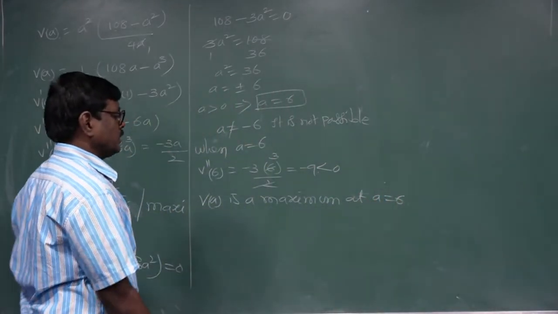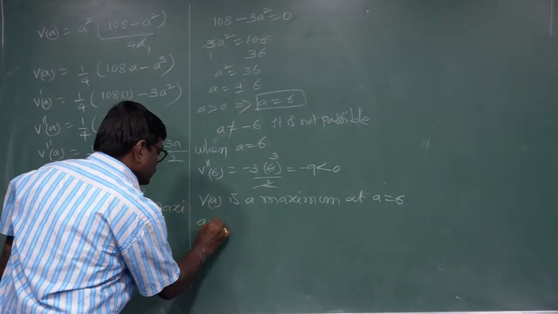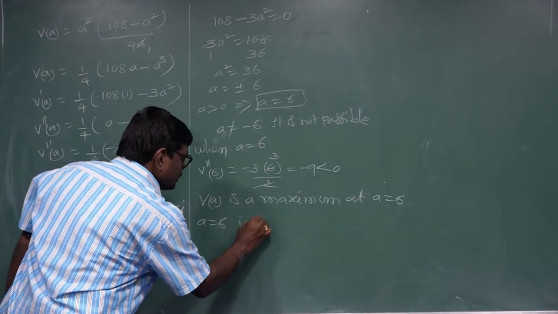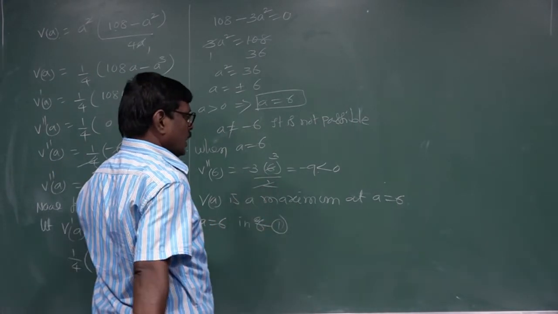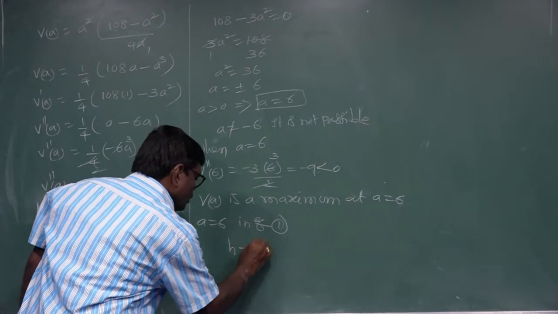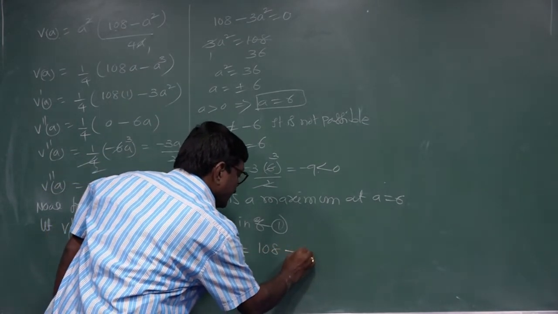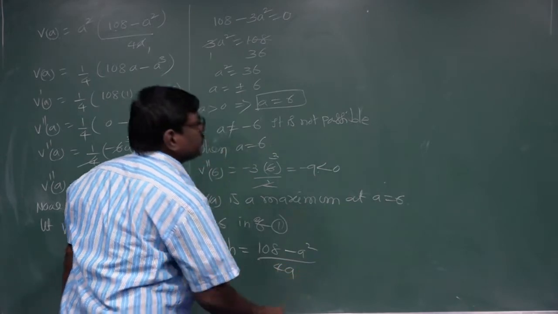A equal to 6 in equation 1: H is equal to 108 minus A square by 4A.